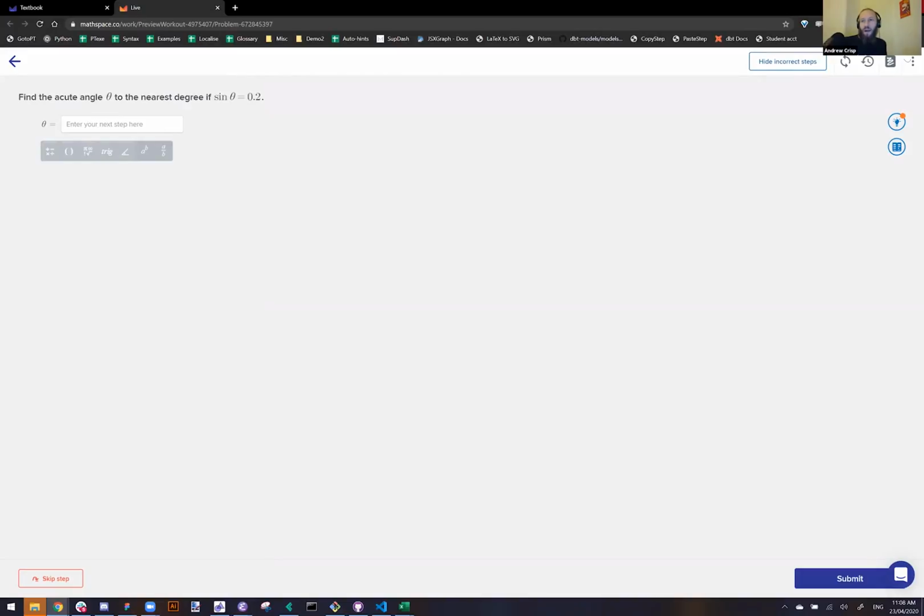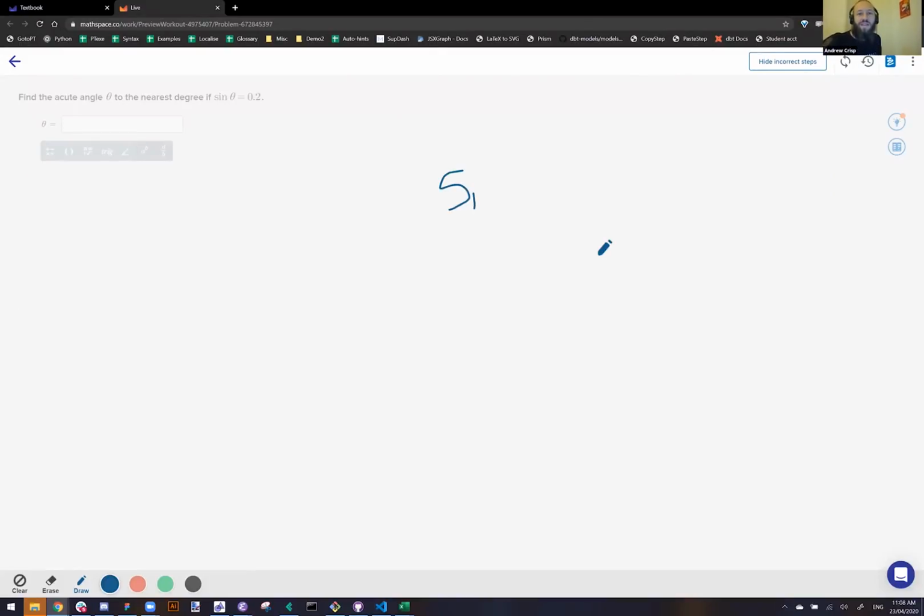Now, there is one extremely incorrect way to do this, and that's to go, well, if sine theta equals 0.2, then theta equals 0.2 over sine. And this is extremely wrong.